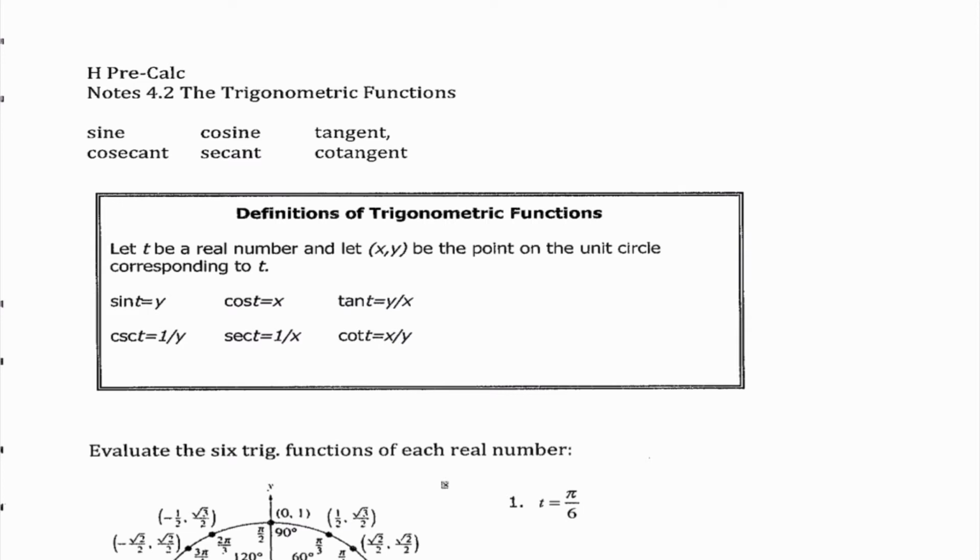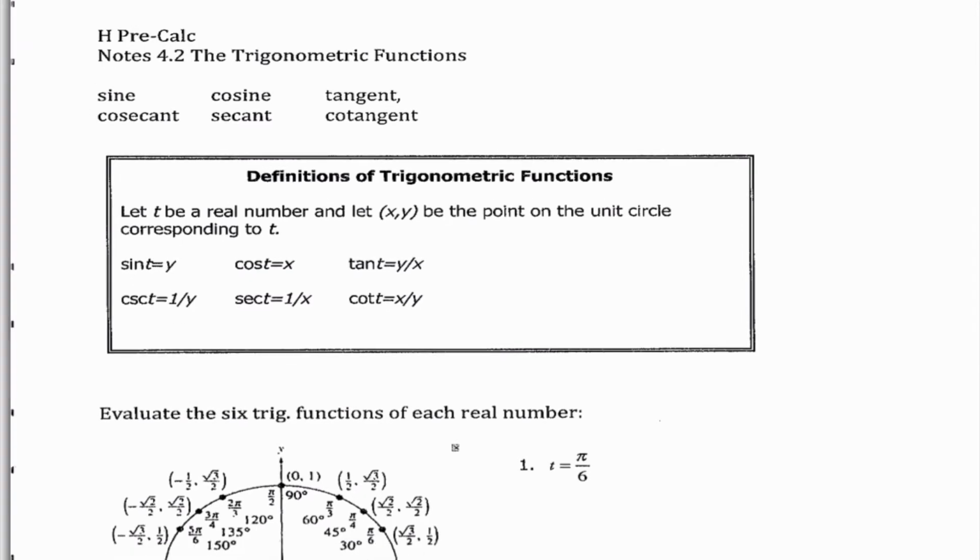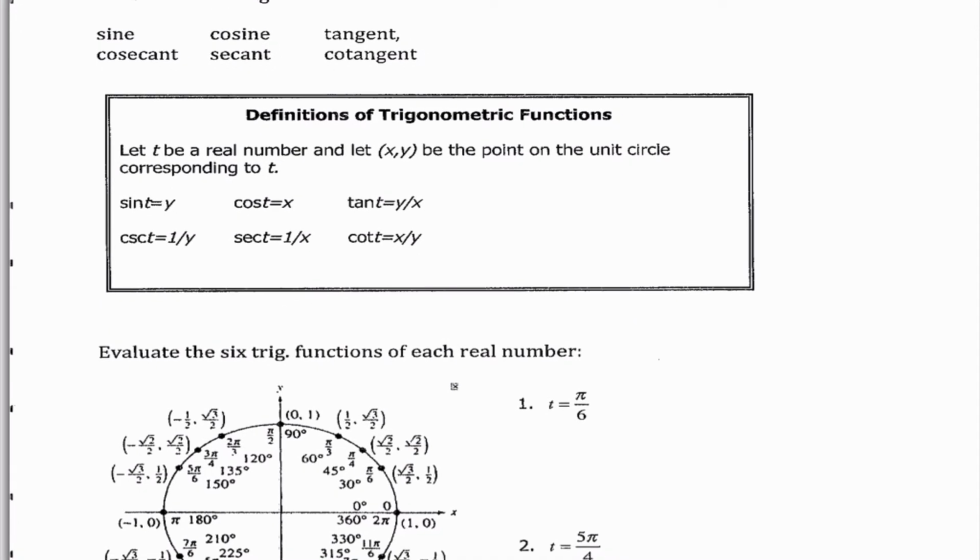But today I just want to give us another option of finding trigonometric ratios. Some of you might like this way better than using triangles, and others might like triangles better, and that's great. I personally like the triangles better, but if you're really good at memorization, this could be a cool method for you.